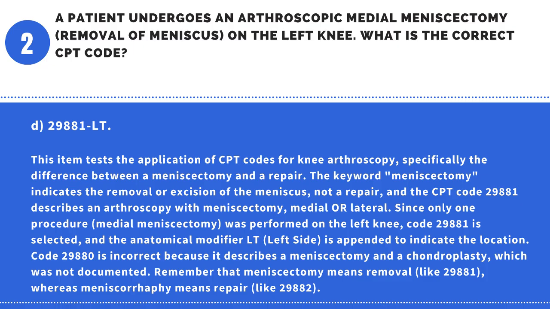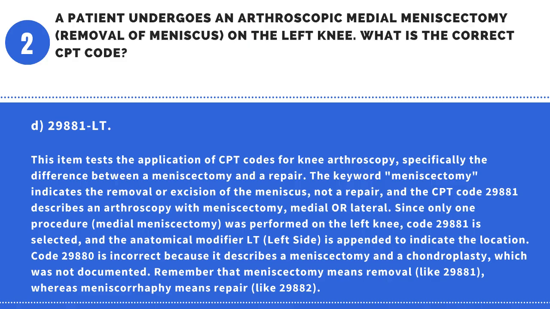Answer. D. 29881 LT. This item tests the application of CPT codes for knee arthroscopy, specifically the difference between a meniscectomy and a repair. The keyword meniscectomy indicates the removal or excision of the meniscus, not a repair, and the CPT code 29881 describes an arthroscopy with meniscectomy, medial or lateral.